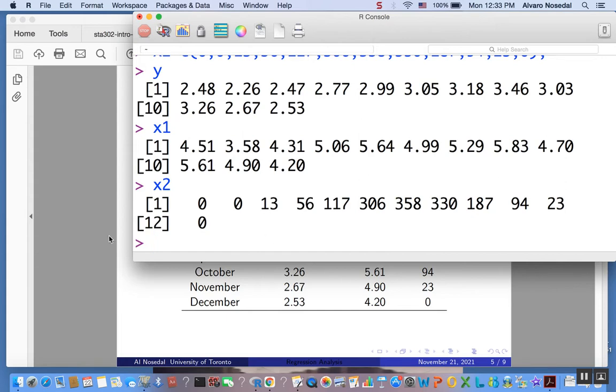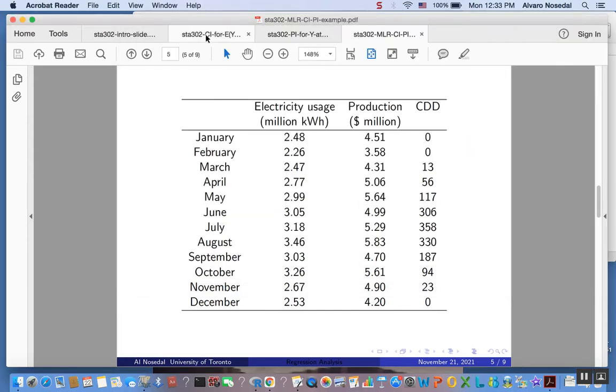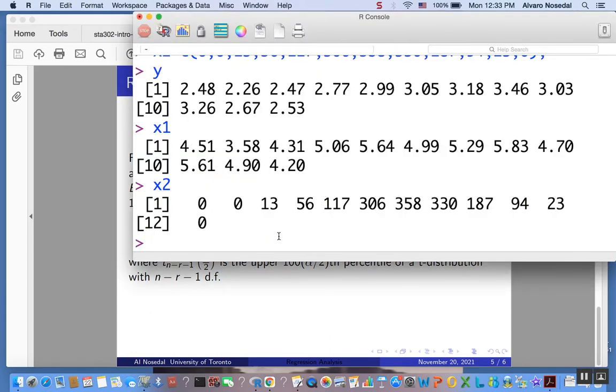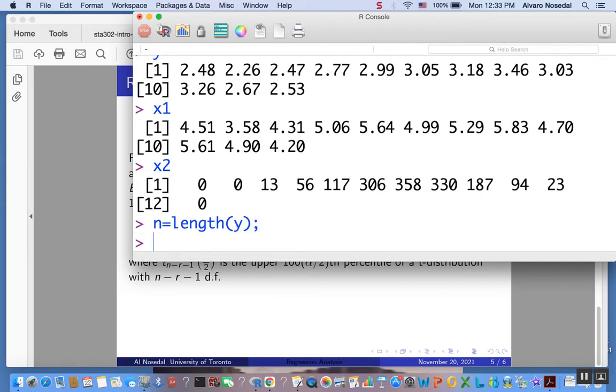so first let's try and find that confidence interval. Okay, let's test drive. Let's see if our formula works. First, let me find the number of observations that we have.